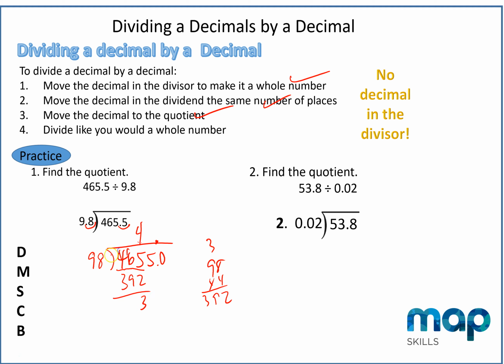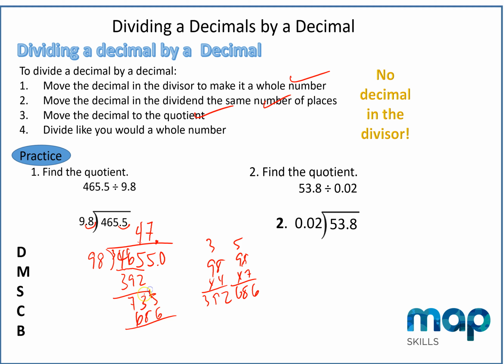73 is less than 98, so I bring down. Let's try 98 times 7. 8 times 7 is 56, 63, 68.